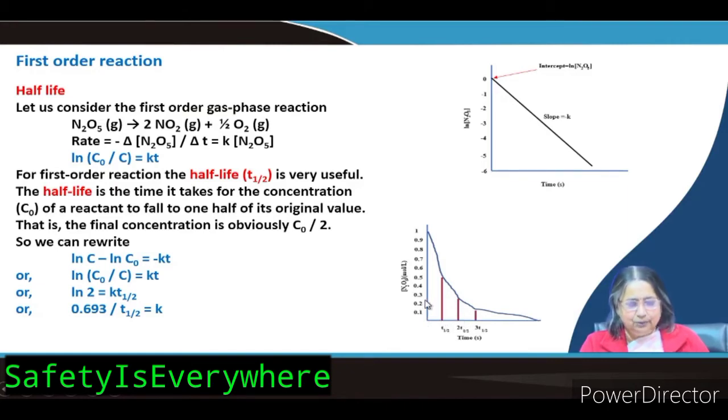Similarly, when you start with 0.25, that is here, then half of this is 0.125. So, again from here to here, the time taken is again T half. So, if you consider from here, it is 3 T half. Like this it will continue, and it is a first order curve.